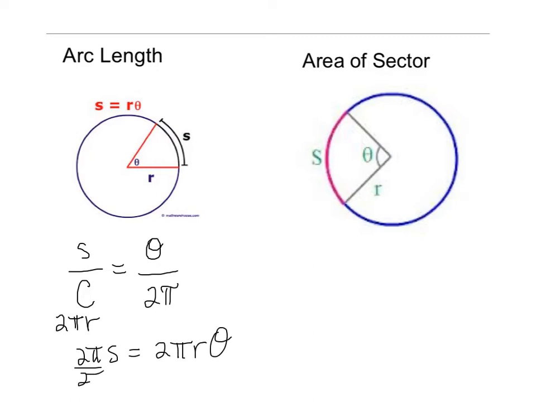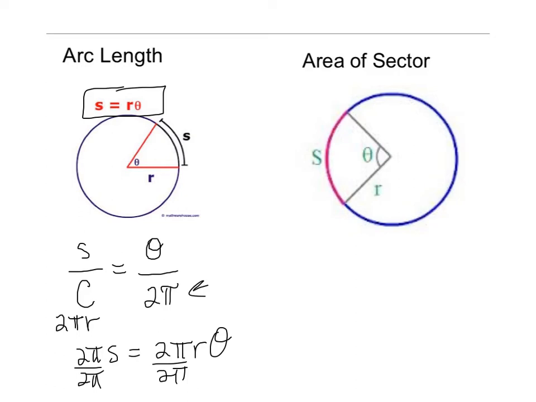Solve for s, so divide both sides by 2 pi. You end up with this formula, s equals r theta, or the arc length is equal to the radius of the circle times the central angle in radians. And once again, we're talking 2 pi, so we're talking about radians and not degrees.